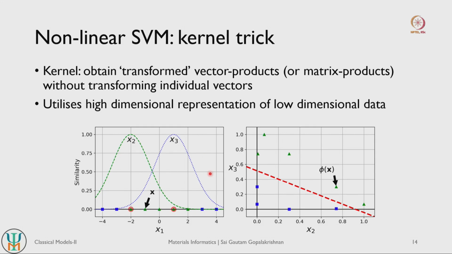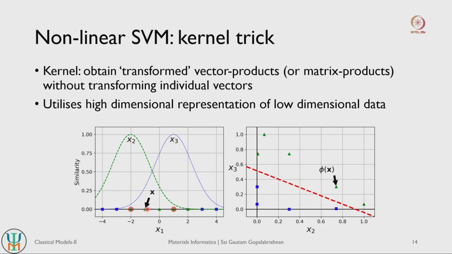So what is a radial basis function, or a simple Gaussian function? Basically we consider one Gaussian distribution of points centered at this value here of -2, and another Gaussian that is centered at this value of, let us say, +1, right.